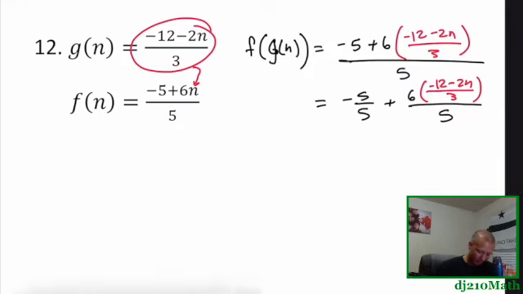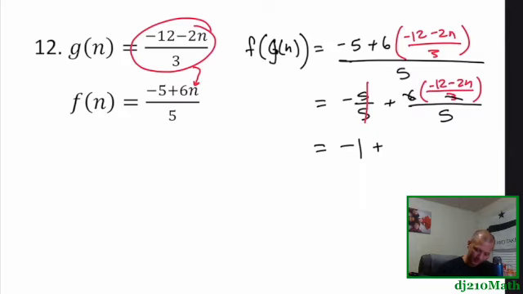This can be rewritten even further. So simplified, negative 5 over 5 is negative 1, so that cancels. Plus, a couple things can happen here. The 3 and the 6 can cancel, making that 2. And then the 5 will be in the denominator.